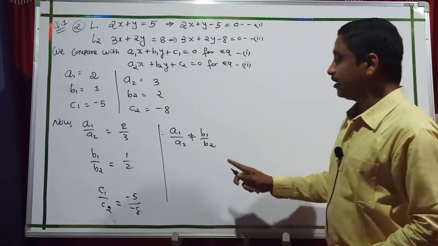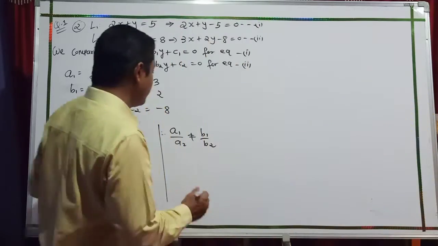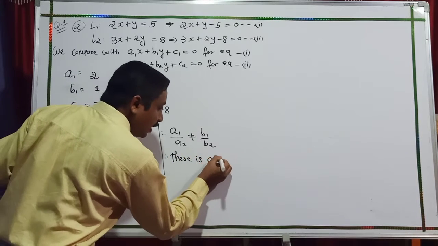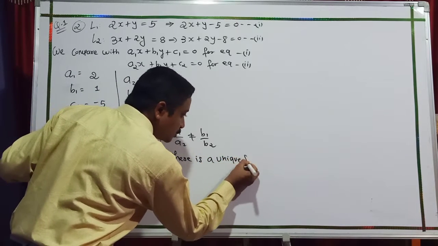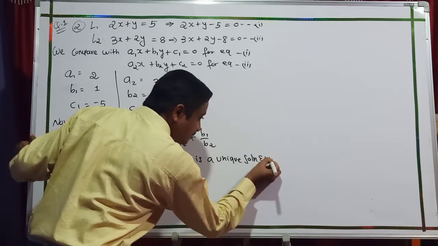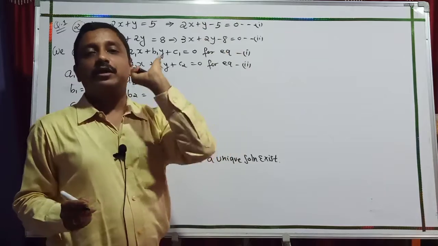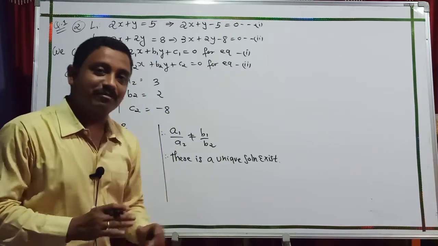So students, here a1 by a2 is not equal to b1 by b2, so a unique solution exists.